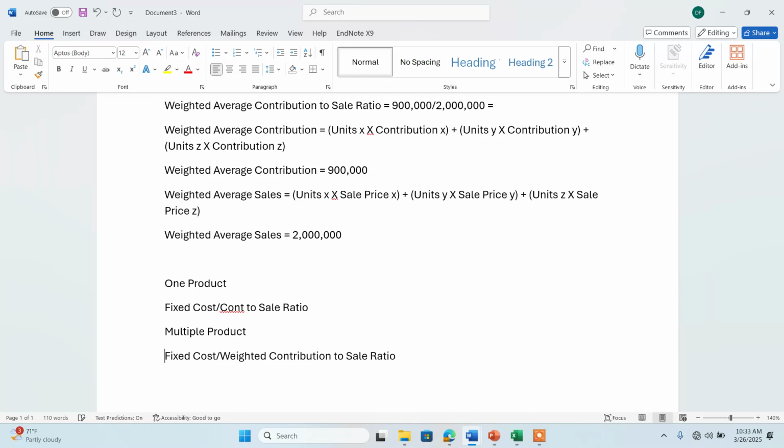So this is the formula. You can put in the values: fixed cost is given, which is 450,000, divided by the weighted average contribution to sales ratio, which we recently found is 0.45.